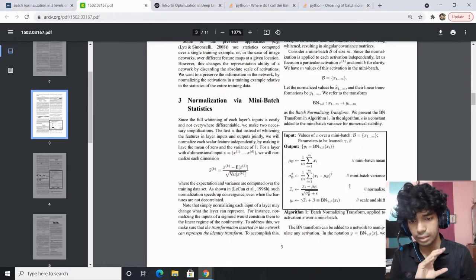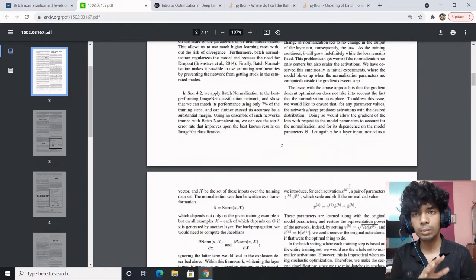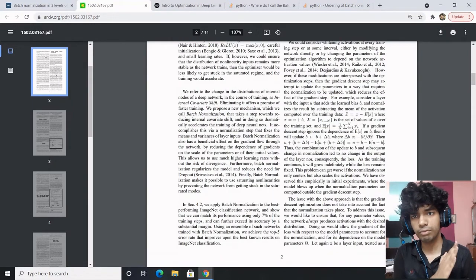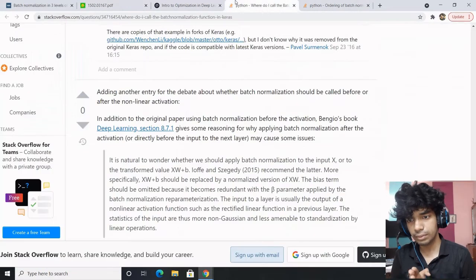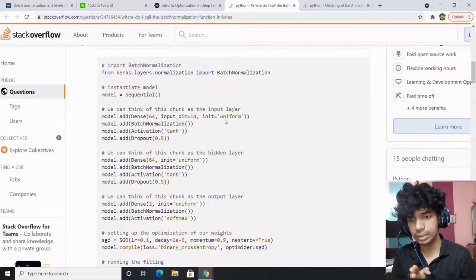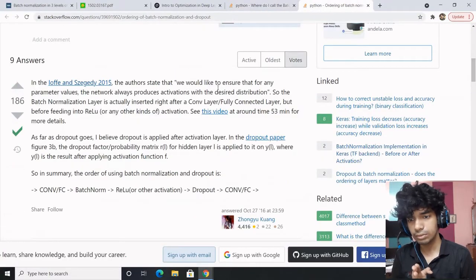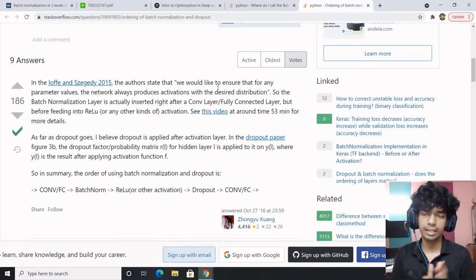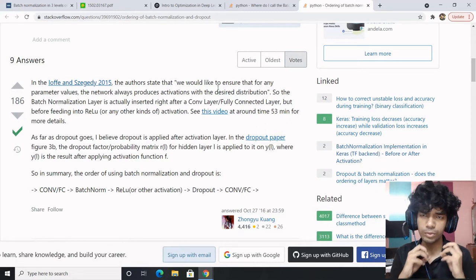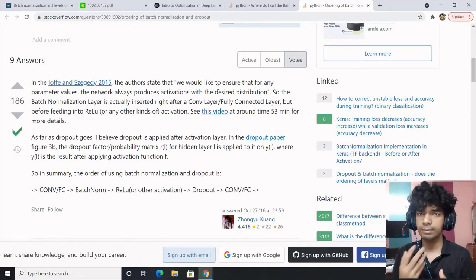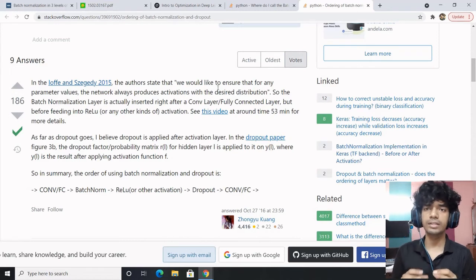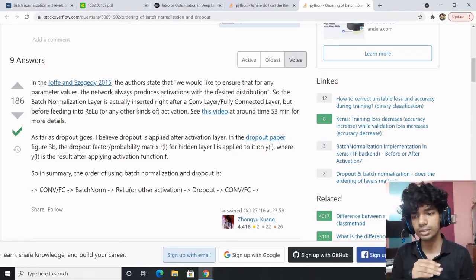Now, the original paper states batch normalization should be placed before the activation function. I was reading where I should call the batch normalization function. These are the Stack Overflow articles. As per the official paper, batch normalization should be placed before the activation, and most of the official implementations available on the internet place batch normalization before the activation function.